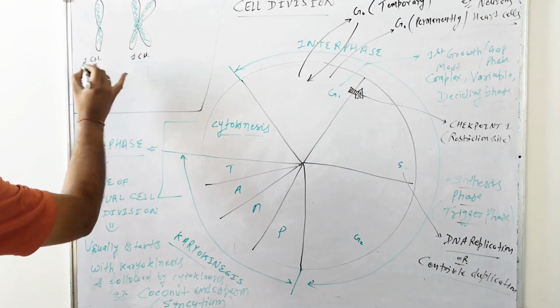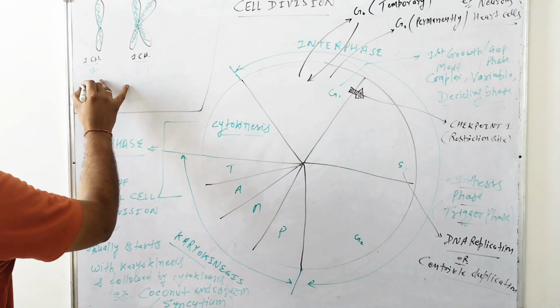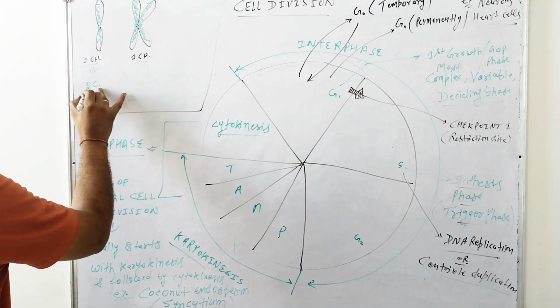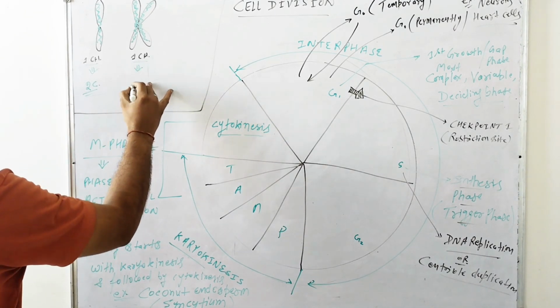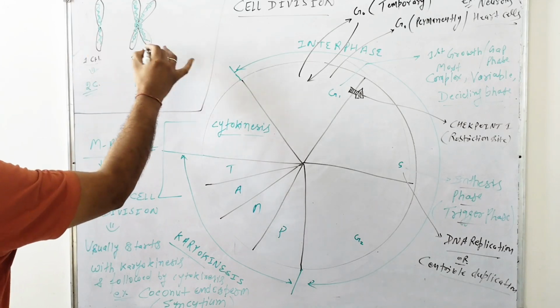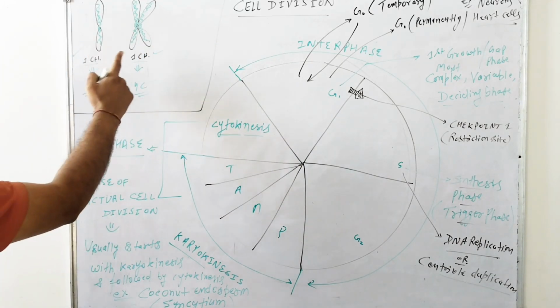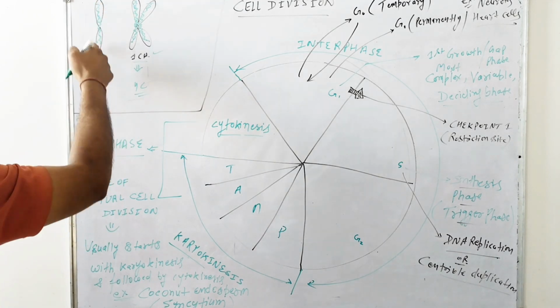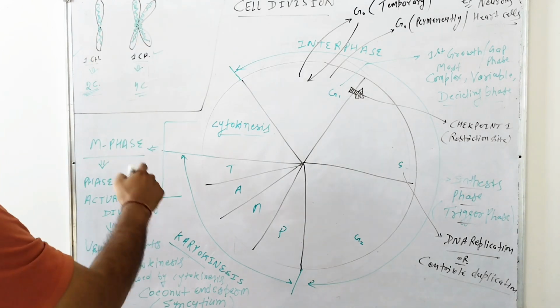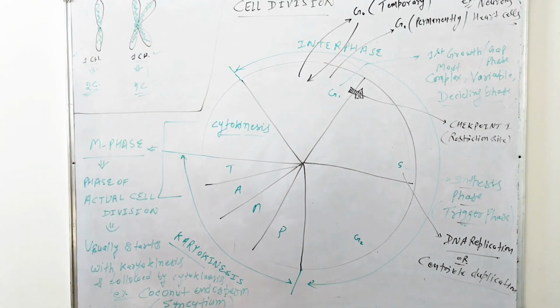But if I talk about the DNA value, let's say here it is 2C, and here it will be 4C, but the chromosome number is still the same. One chromosome, but the DNA has been doubled from 2C to 4C, because the chromatin value has doubled.